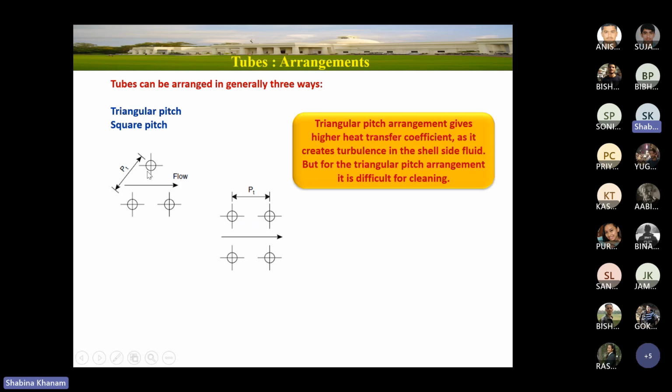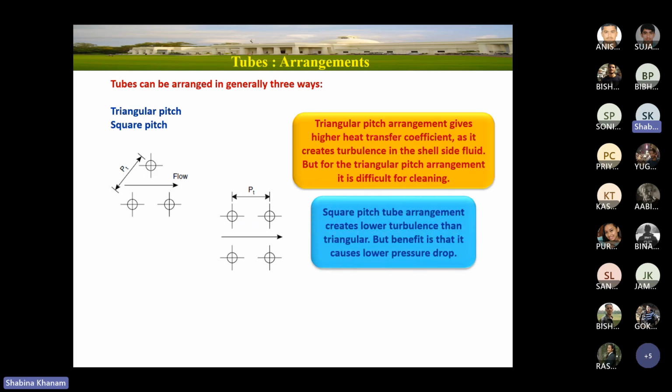However, in triangular pitch, one disturbance is created here, then the fluid passes smoothly, then another disturbance comes here. So square pitch will have lesser turbulence, lesser heat transfer coefficient, and lesser pressure drop also. So if you are finding high pressure drop in design with triangular pitch, one option you can choose is replacing the triangular pitch with the square pitch.